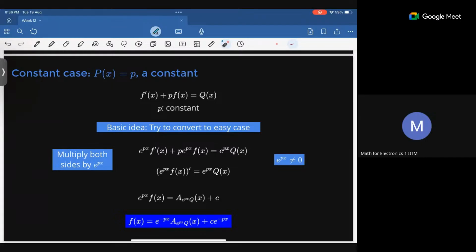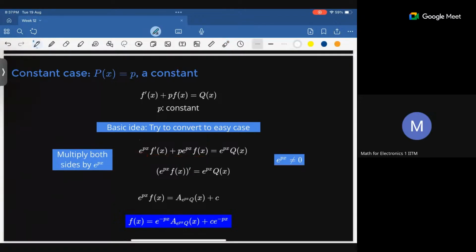What will we get by multiplying it? We will have the expression e power px multiplied by f prime of x, then p f of x with e power px multiplied to this. And on the right hand side, we will have e power px into q of x. Okay, right hand side, keep it aside for now. Look at the expression on the left hand side: e power px f prime of x, plus p into e power px f of x.